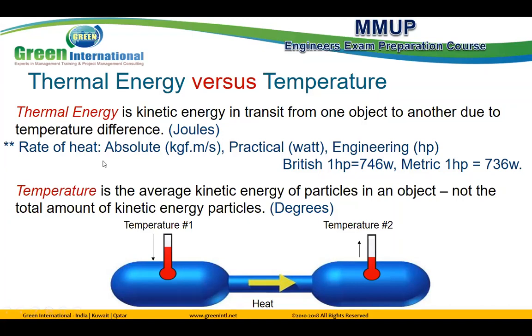So for this body, we have a temperature according to the average kinetic energy of its particles. And for another object, we also have a temperature according to the average kinetic energy of its particles. But due to the temperature difference, thermal energy passes from the hot body to the cold body.